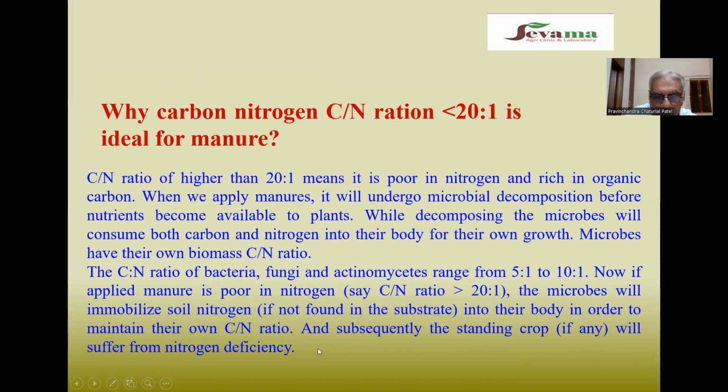So the microorganisms take the nitrogen from the soil. When the crop is standing, the crop suffers from nitrogen deficiency. So at that time, we have to apply a booster dose of 15 to 20 kg nitrogen per hectare. Then crop growth will be improved.